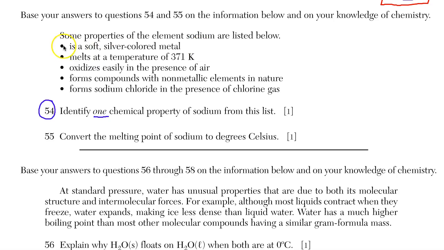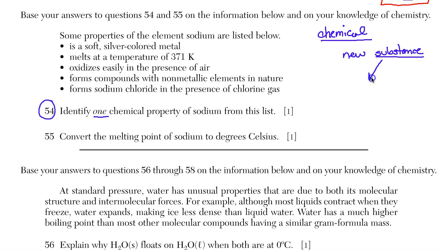So we have some chemical and physical properties. And what do we know about chemical properties? Well, chemical properties are always making a new substance. Now, what is a substance? I'm using an answer with a vocabulary you may not know.